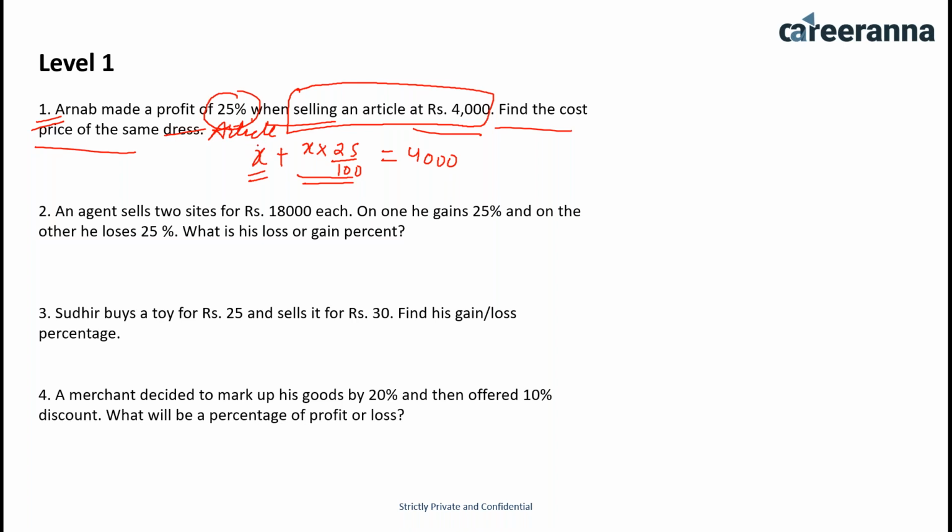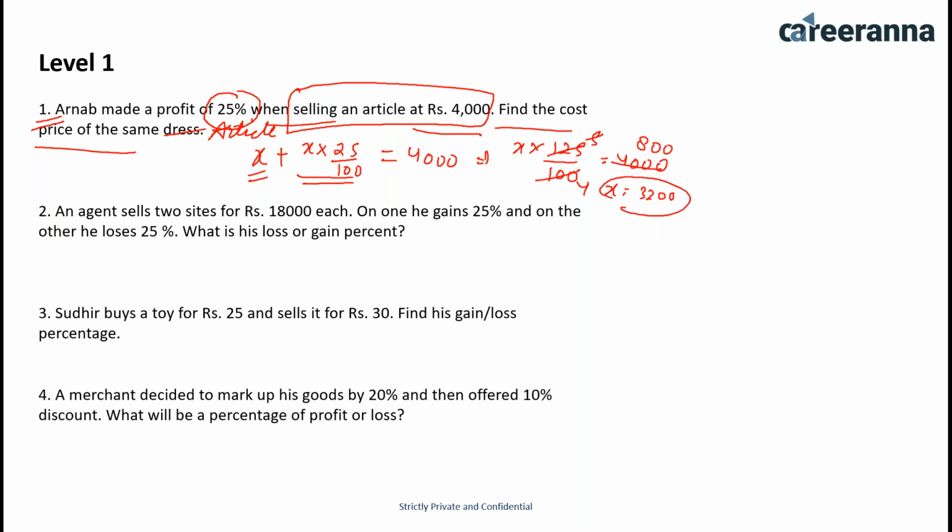Is it clear? So I can directly write X multiplied by 125 divided by 100 equals 4,000. This is 5, this is 4, this is 800. So X would be 3,200.